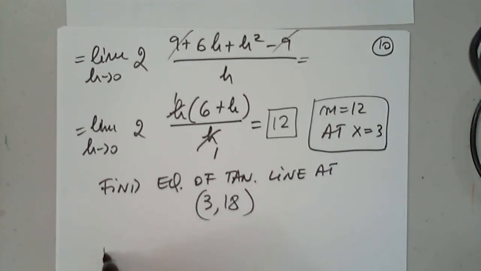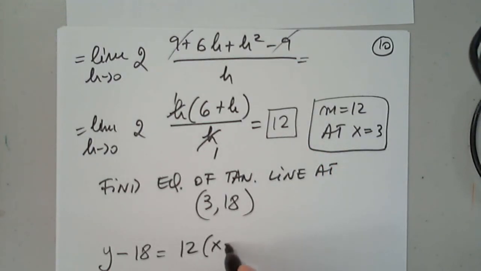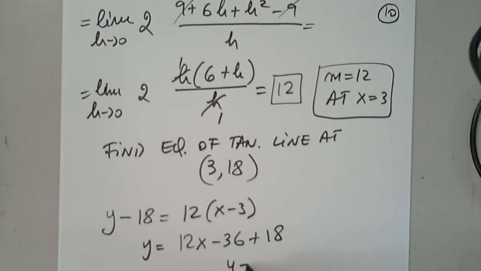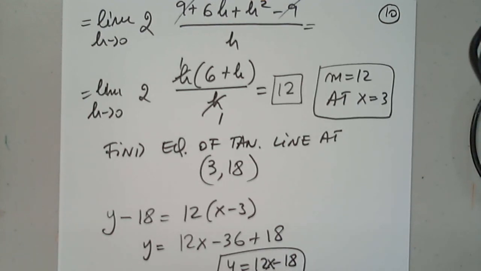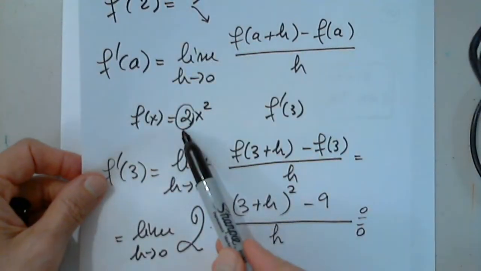Then I know y minus y1 equals the slope times x minus x1. And this is 12x minus 36 plus 18. So this is the equation, 12x minus 18. What does this represent? It's the equation of the tangent line at the point 3, 18 to the graph of 2x squared.